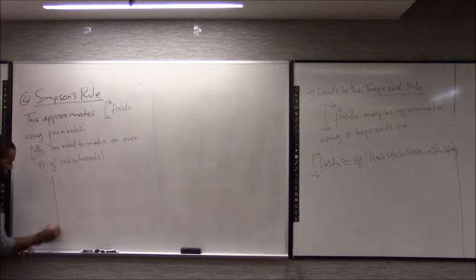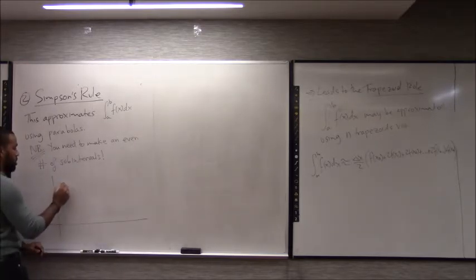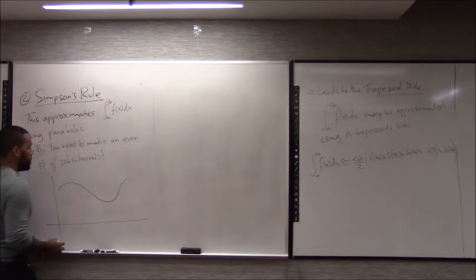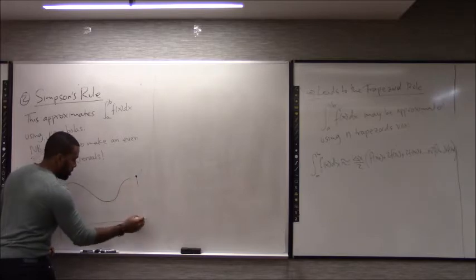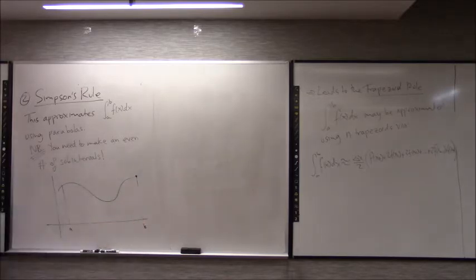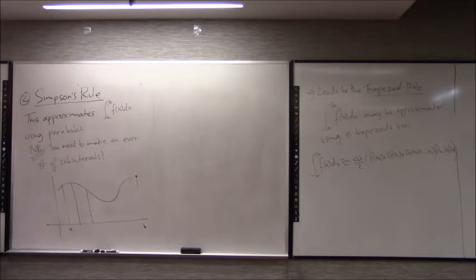So basically what's going on is you might have your function doing whatever it does. Let's say you're here at A, and here you're at B. We're going to create the subintervals. Now we locate a parabola with 3 points.